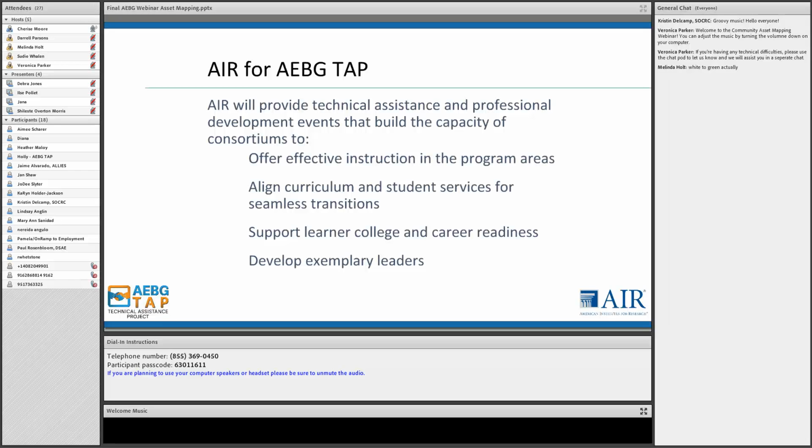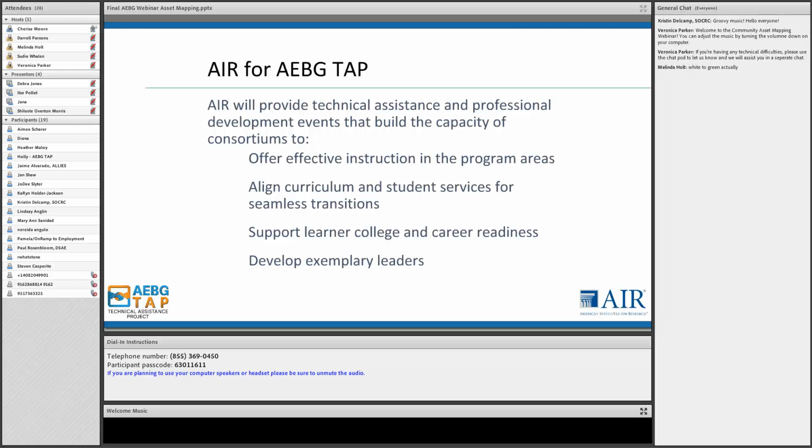Our mission is really to conduct and apply the best behavioral and social science research and evaluation towards improving people's lives. And we at AIR have a special emphasis on improving the lives of the disadvantaged.